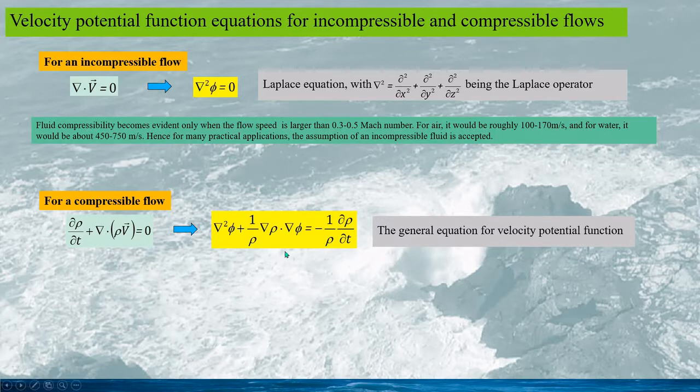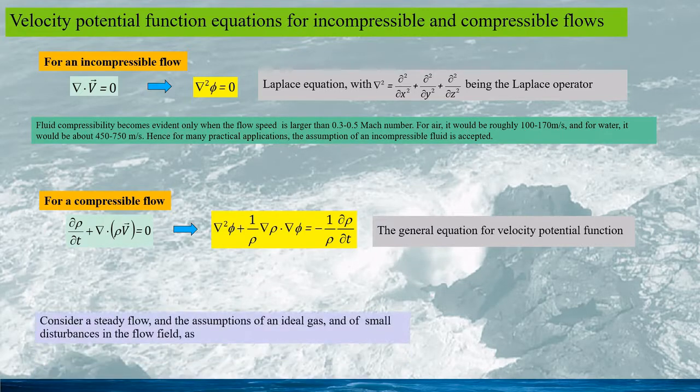And also here we have one more unknown, the fluid density, and we also need to solve for the fluid density in the dynamics. Thus, we need one more equation for the problem. For instance, we may use the ideal gas equation.